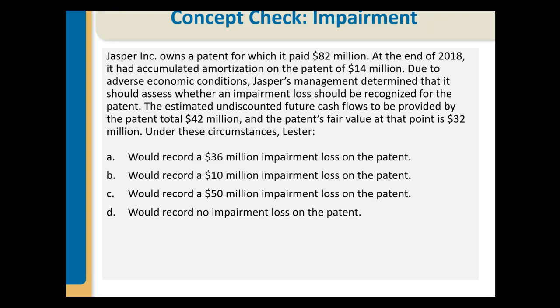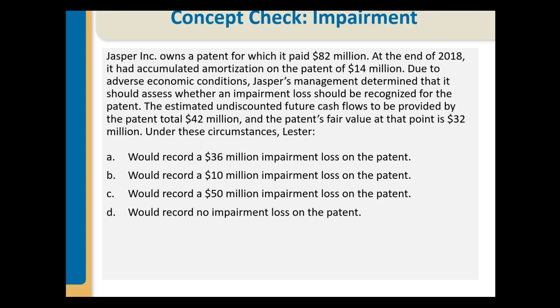Due to adverse economic conditions, Jasper's management determined that it should assess whether an impairment loss should be recognized for the patent. The estimated undiscounted future cash flows to be provided by the patent total $42 million, and the patent's fair value at that point is $32 million.